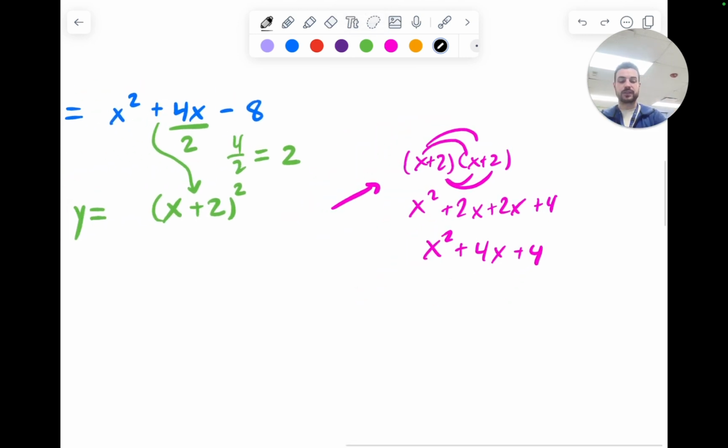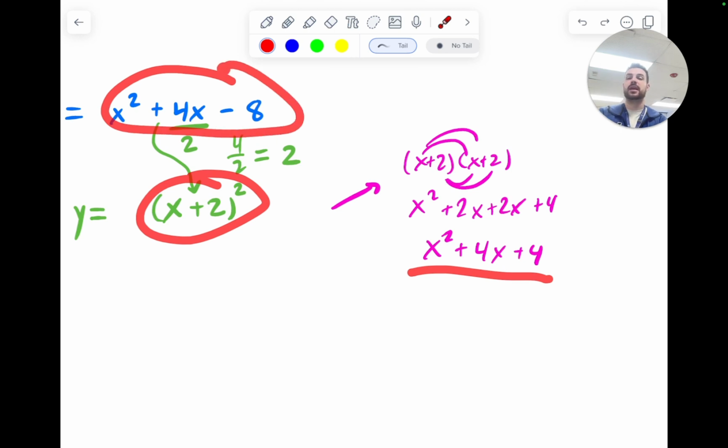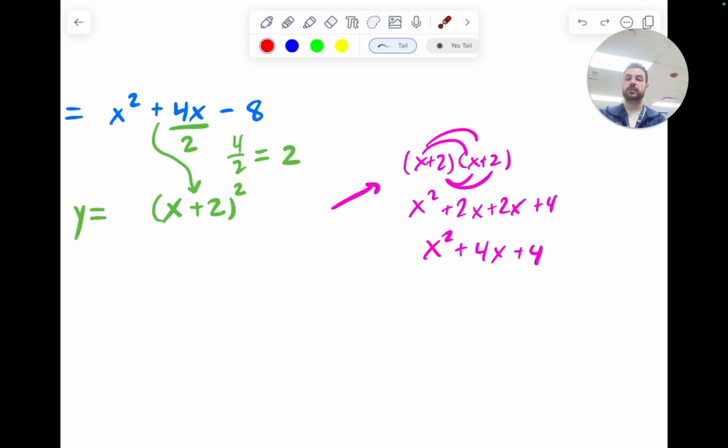When I expanded this binomial out, I ended up with this, which is almost the same as what we had in the beginning. The difference here is my c value originally is -8, and here it's 4. So that means that right now these two things are not equal.